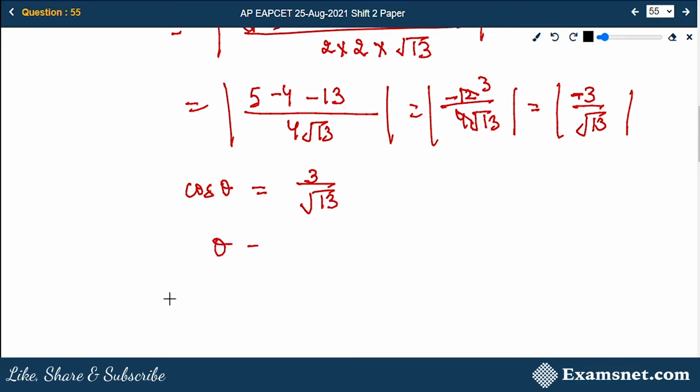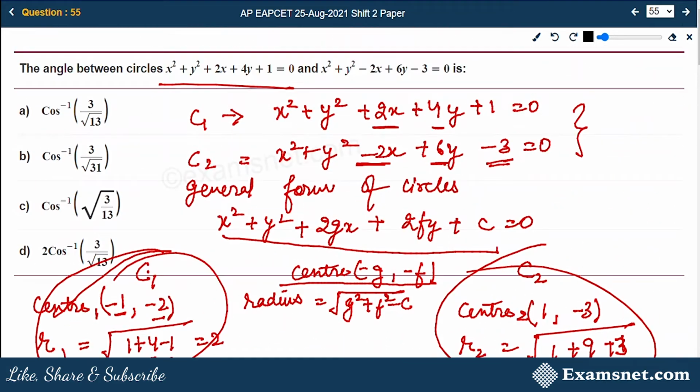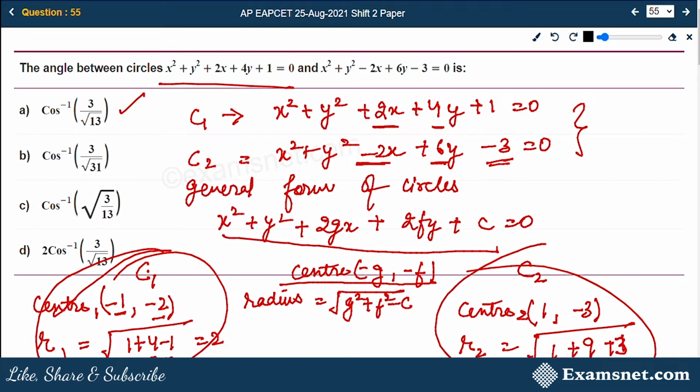So theta is cos inverse 3 upon root 13, which is option number 1. Cos inverse 3 upon under root 13.